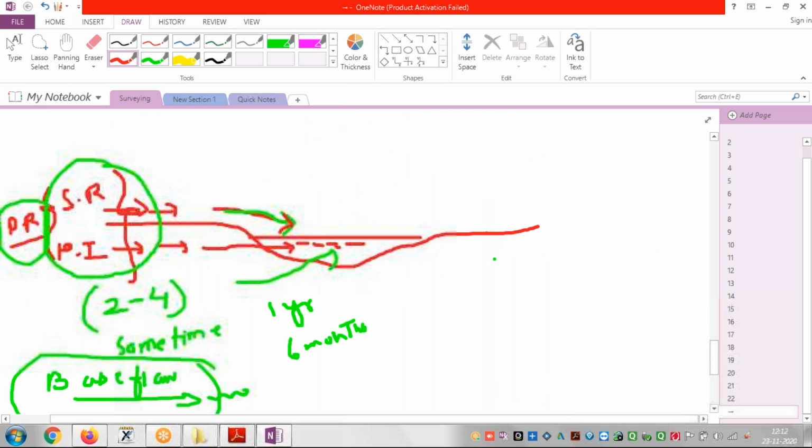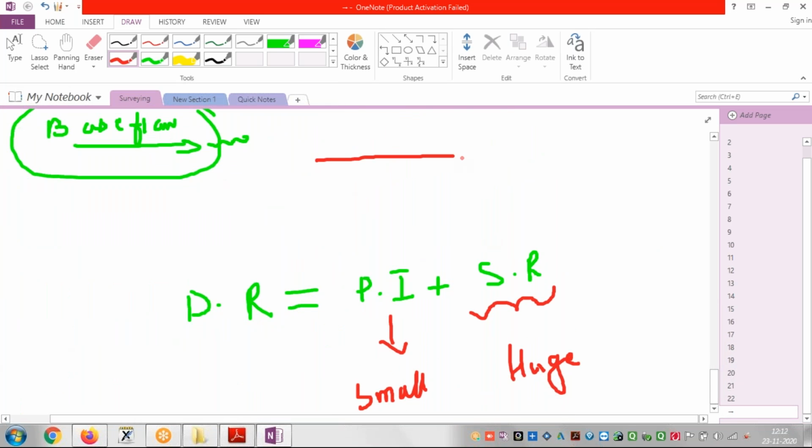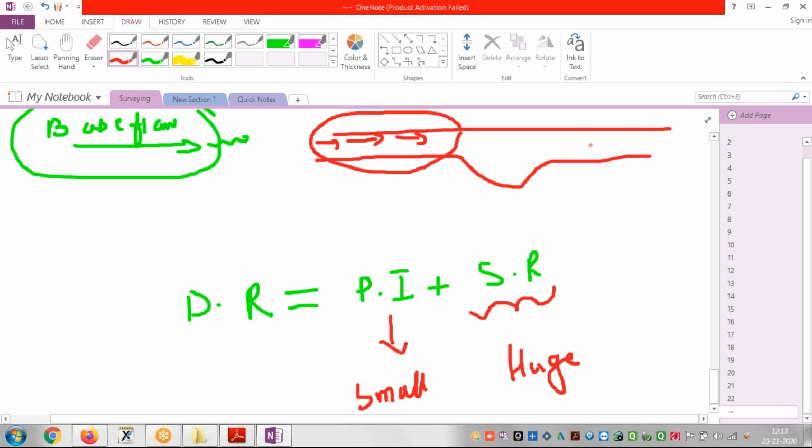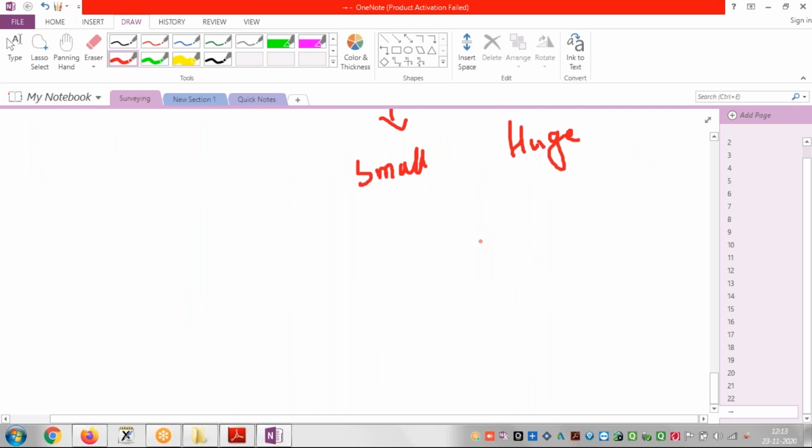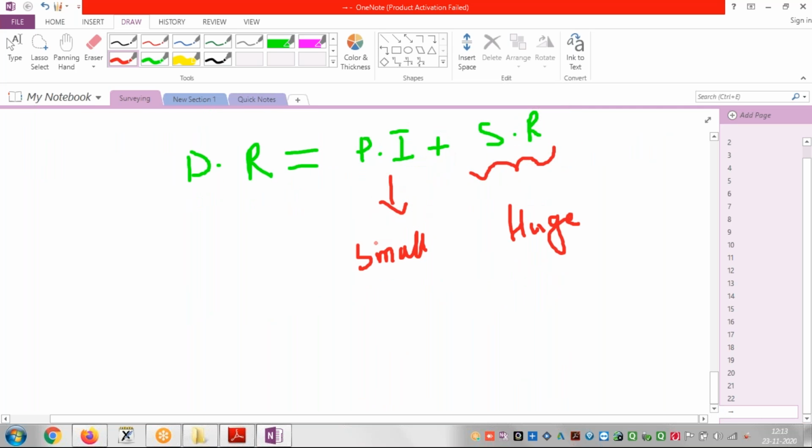If you see that this is your surface and this is the river, you might have seen that most of the time, whatever water flows over the surface is very big, very huge, right? Even this river overflows with this water. It means this surface runoff is very huge, and prompt interflow is very small.